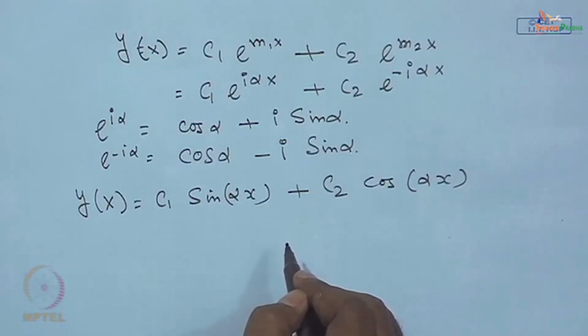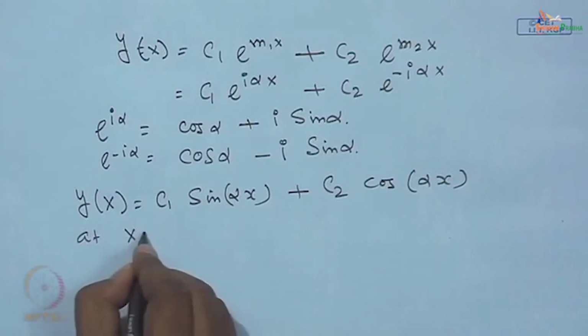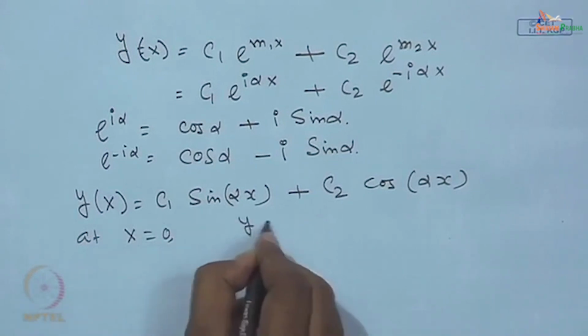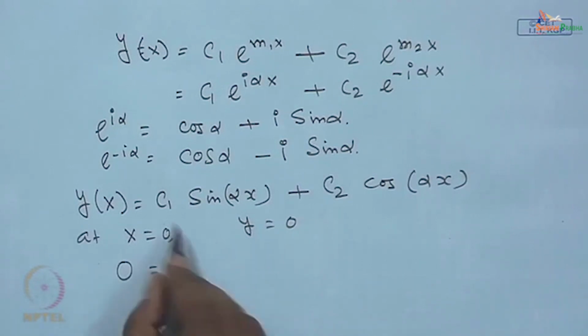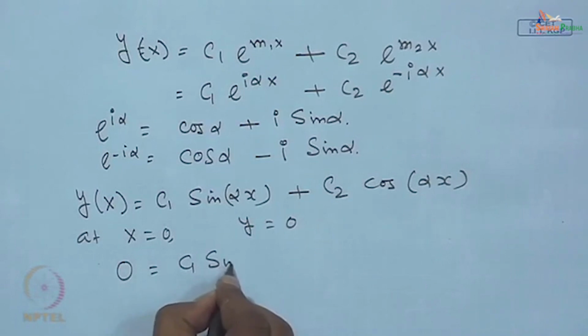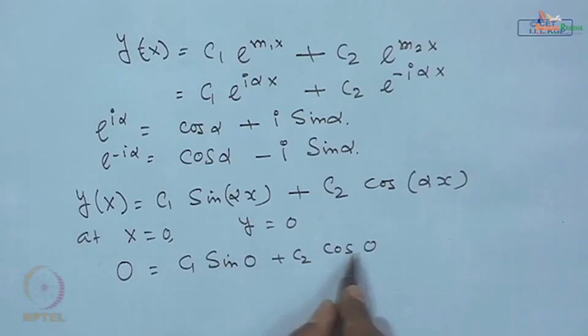So, now let us put in the boundary conditions. At x is equal to 0, y is equal to 0. So, put y is equal to 0, then C 1 sin 0 plus C 2 cosine 0. Now, sin 0 is always 0, cos 0 is 1.